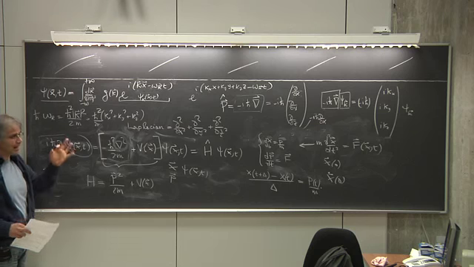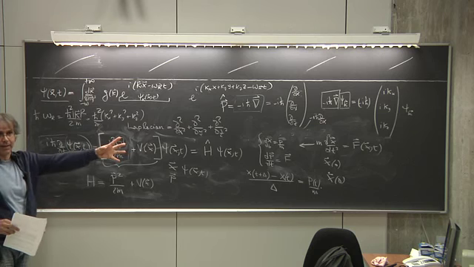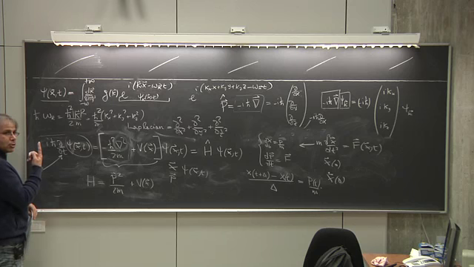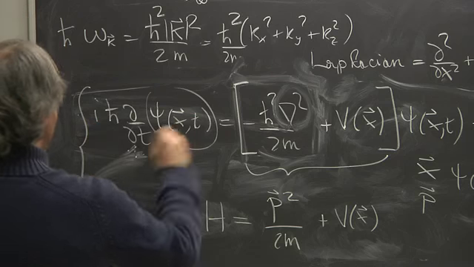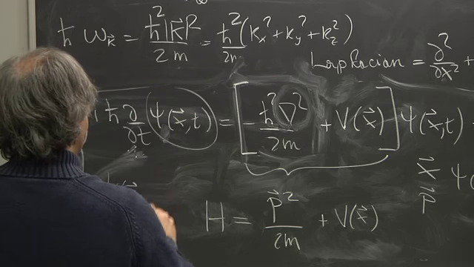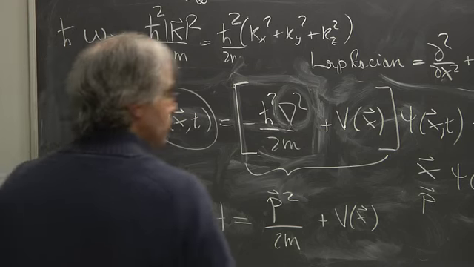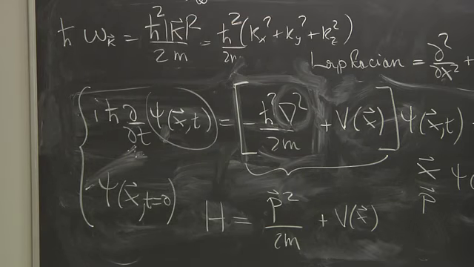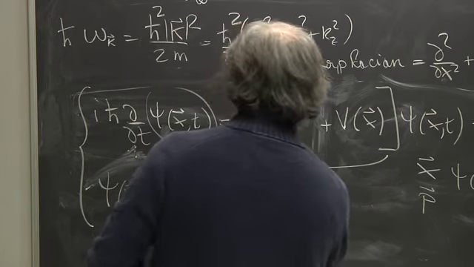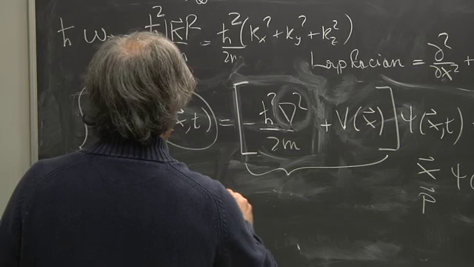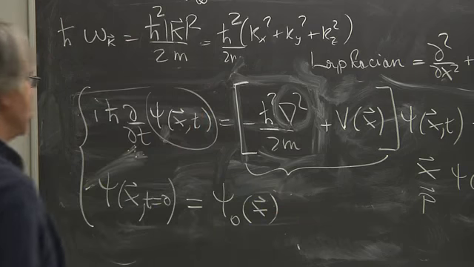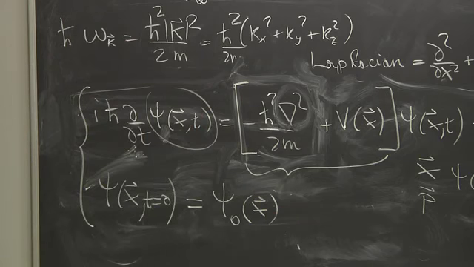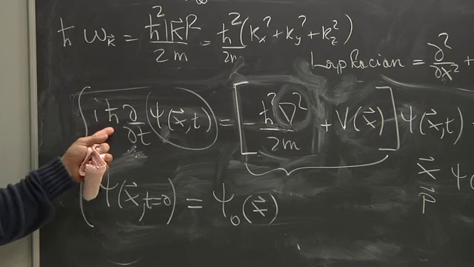So it's like having infinitely many particles in Newtonian mechanics. So not one piece of information, but a function. So the full problem is specified once you tell me that at time t equals 0, the function is something. In order to specify that this is any function, but at a given time, I write it like this. So this is called the initial value Schrodinger problem, the time-dependent Schrodinger equation.